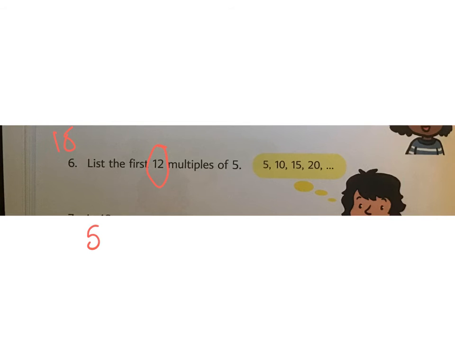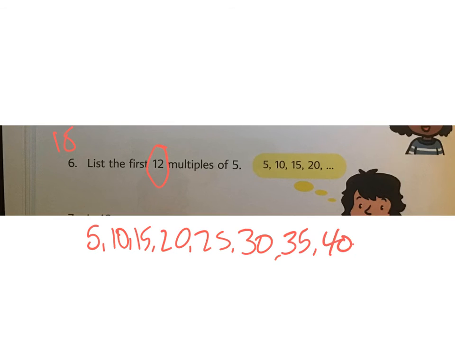And here they are: 5, 10, 15, 20, 25, 30, 35, 40, 45, 50, 55, and 60. I know that 12 times 5 is 60, so hopefully I have 12. 1, 2, 3, 4, 5, 6, 7, 8, 9, 10, 11, 12. Yep, there's 12.